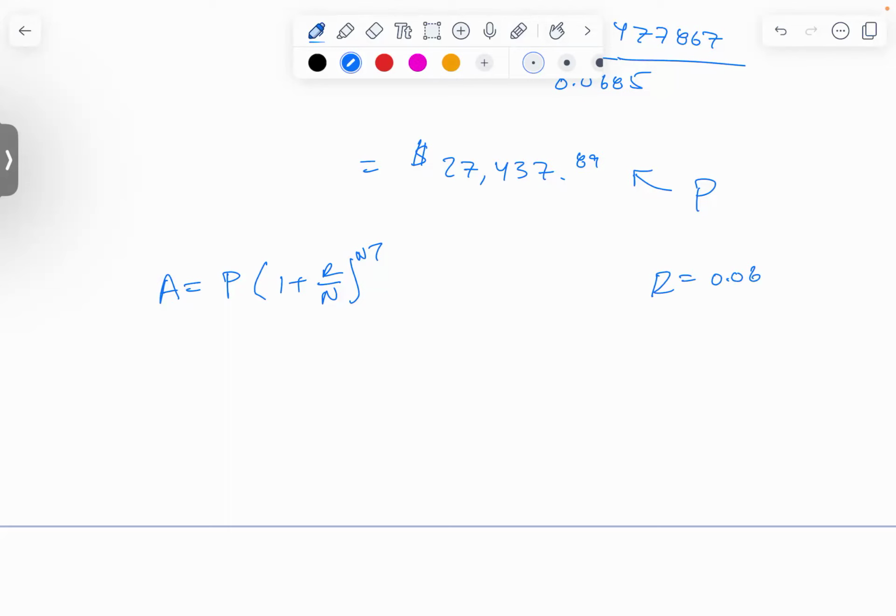Our interest rate is still the 6.85%. Our time is now 25 years, and it's still being compounded annually, once per year.